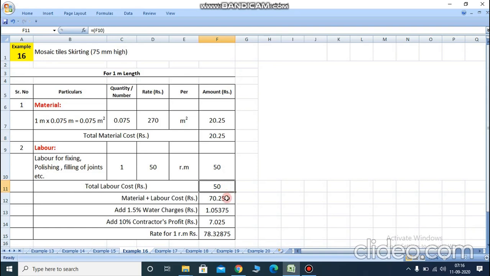So summation of material plus labor cost is 70.25, and we include the 1.5% water charges. So 70.25 multiplied by 1.5%, and we got the answer 1.0537 as water charges. Now we add 10% contractor profit. So 70.25 multiplied by 10%, and we got 7.025 as contractor profit.